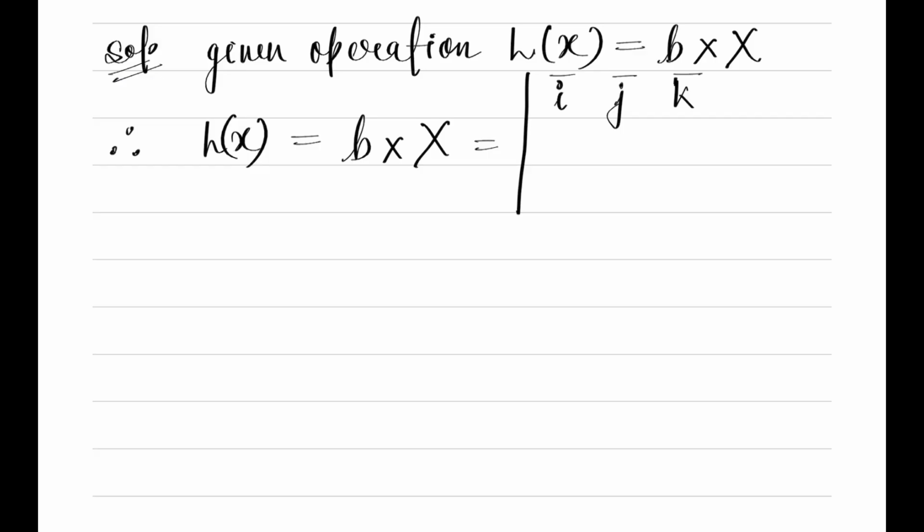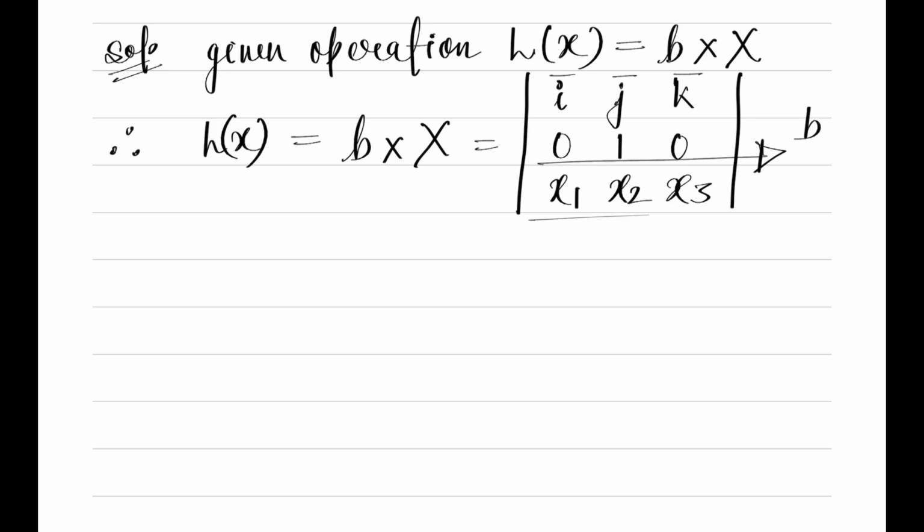We have our b vector as 0 1 0 and x as x1 x2 x3. Now this is our b and this is our x.